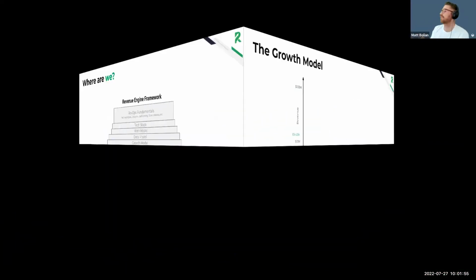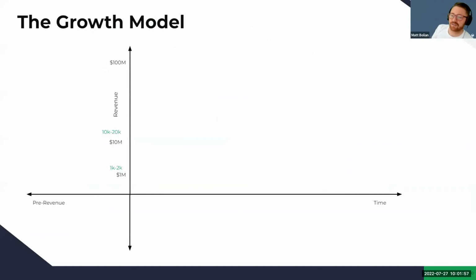Here we go. This is fun. Looking at this model, the X-axis is time, and the Y-axis is revenue. So the vertical one is revenue and the horizontal one is time.